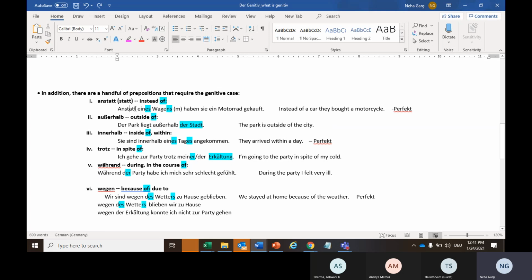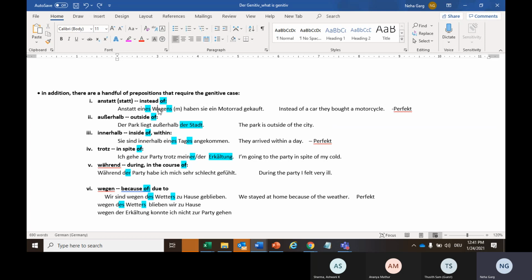Anstatt eines Wagens haben sie ein Motorrad gekauft. So instead of a car they bought a motorbike.